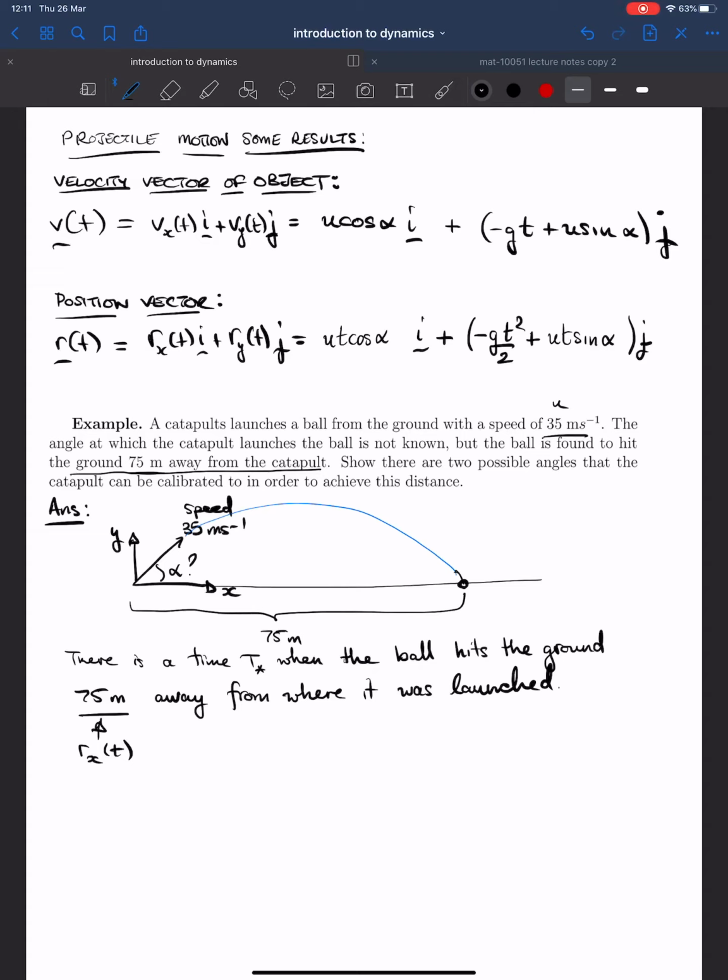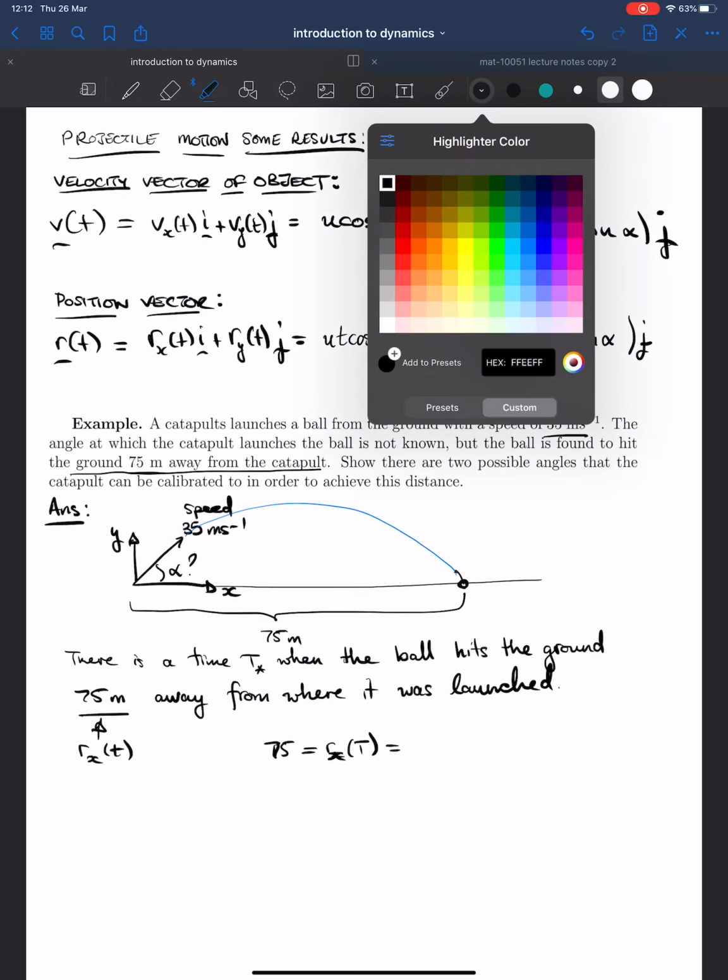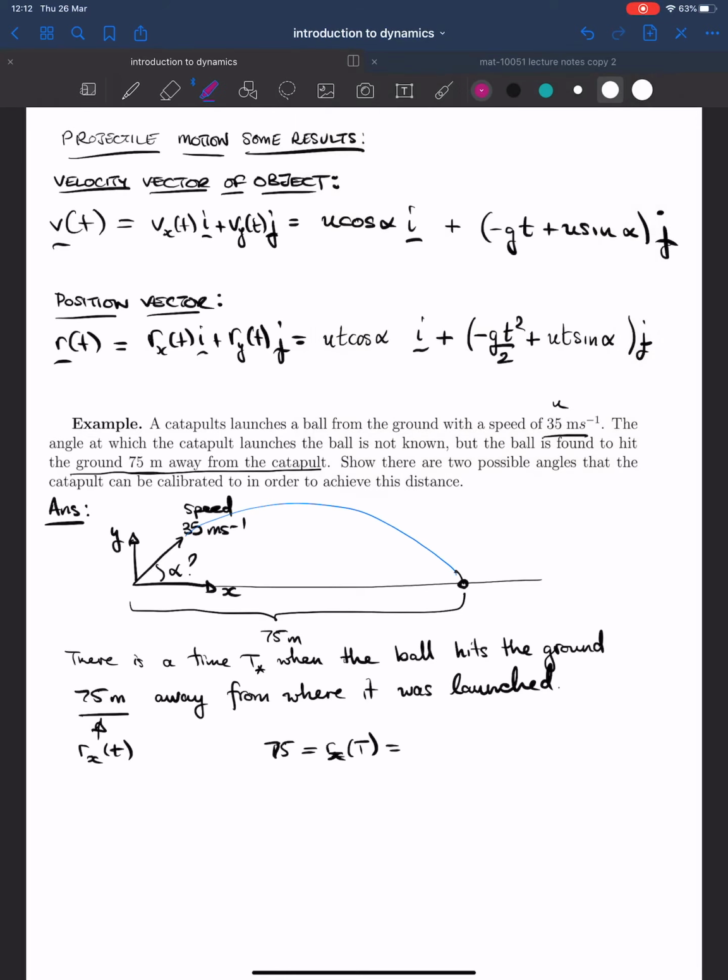So what we know is Rx of capital T is equal to, on one hand, 75 meters. On the other hand, if I look at the formula above, then of course we have this formula to use.